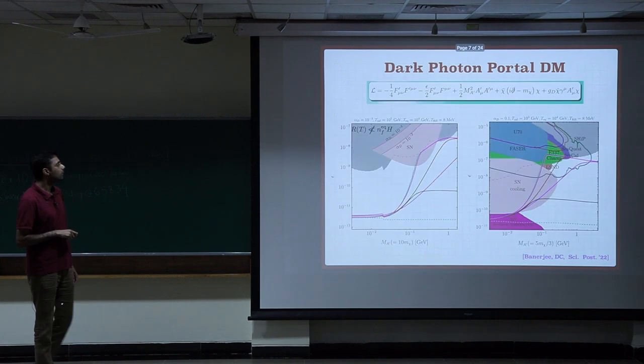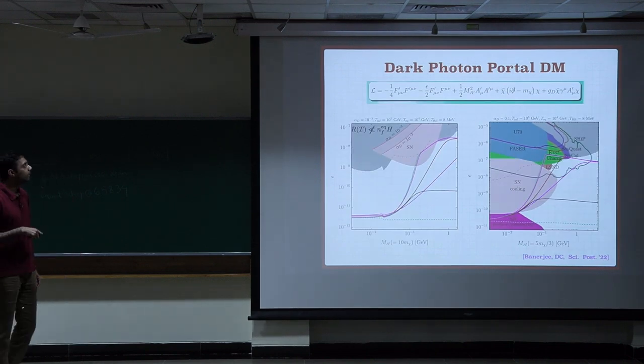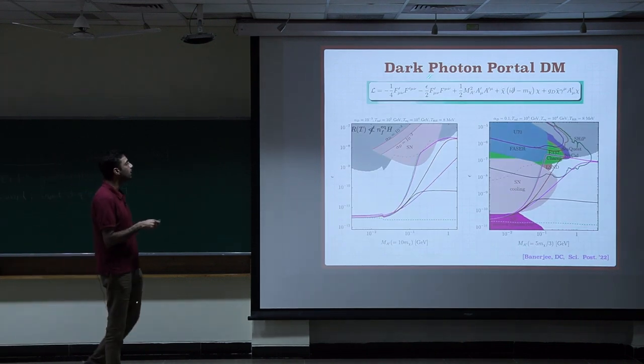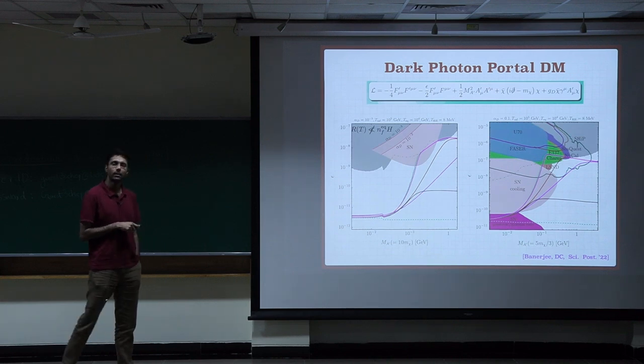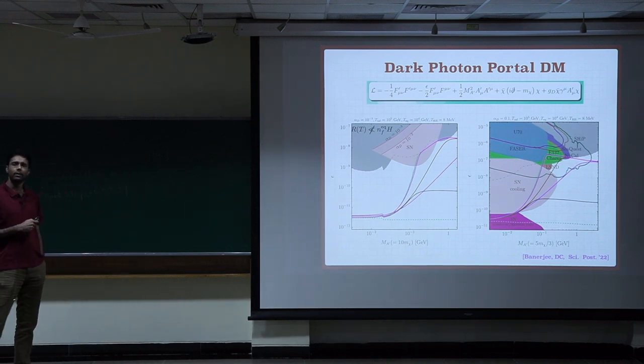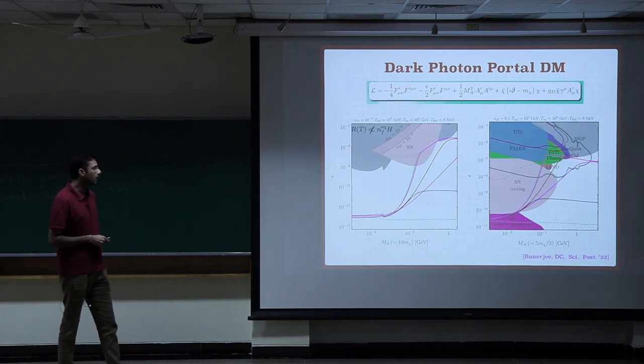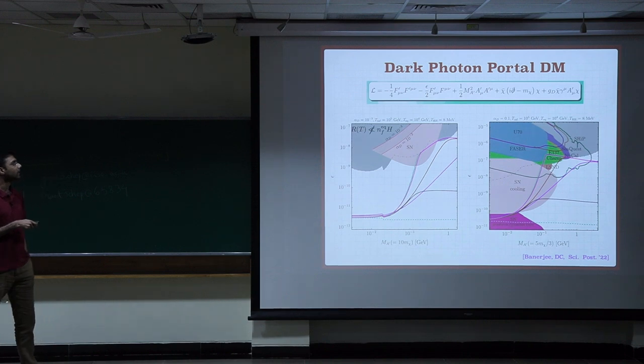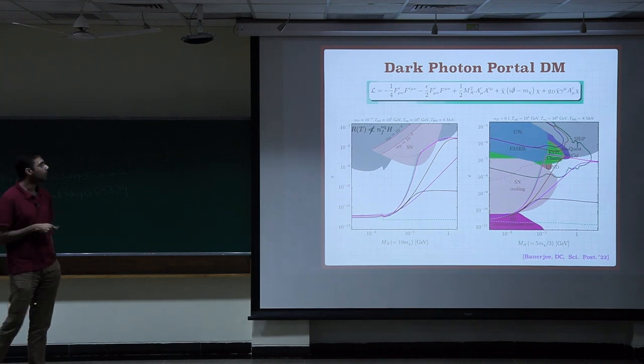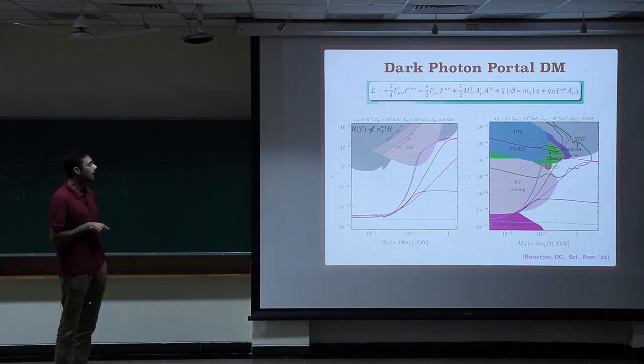Now here, what we actually use as a probe is this: freeze-in type dark matter generally features a very small coupling, because in the case of freeze-in, the dark matter and the standard model particles are never in thermal contact. But in a case study of a dark photon portal scenario, one could achieve a coupling as large as this in the presence of an EMD, which is comparable to other experiments.